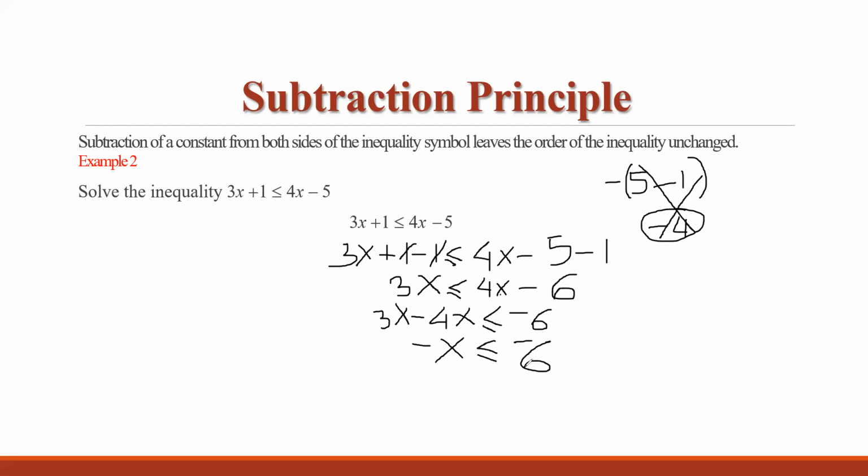Remember, we need a positive x, not a negative x. So what we do, we divide by this negative, divide by negative 1. Remove that negative. This one becomes positive, and you're going to remain with x.